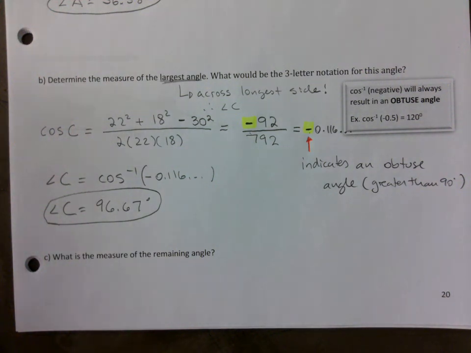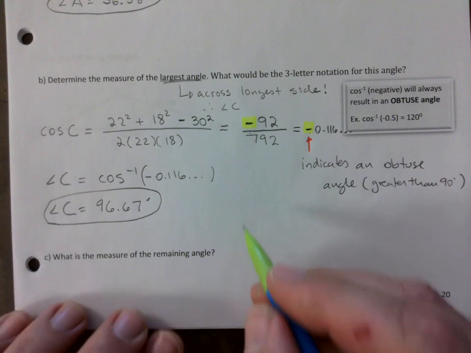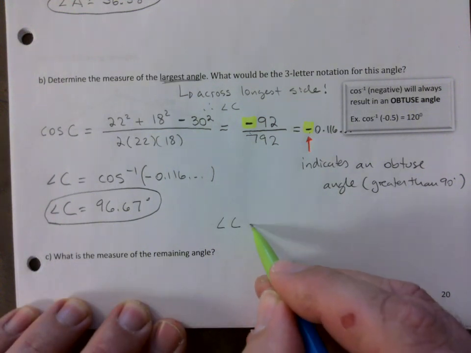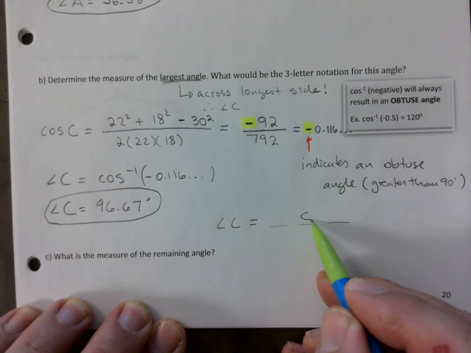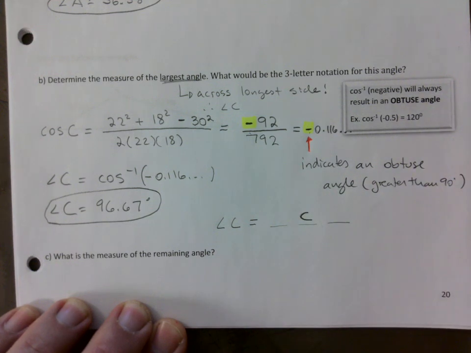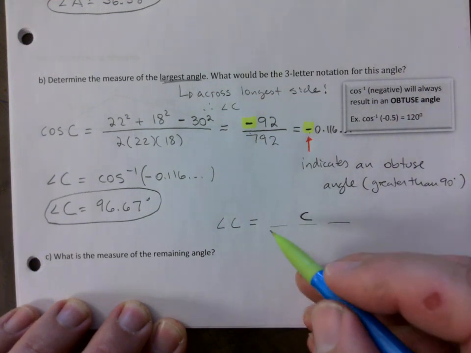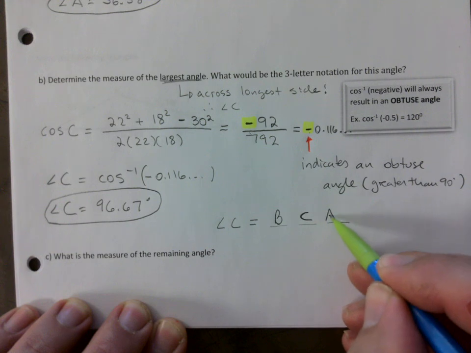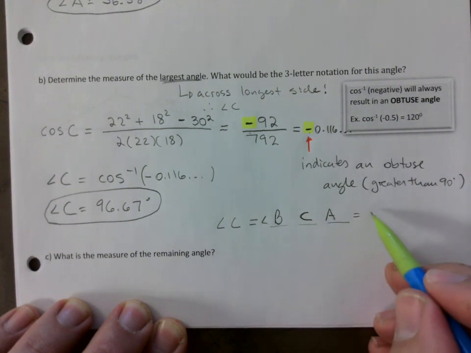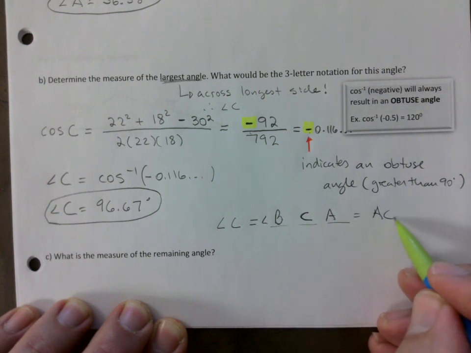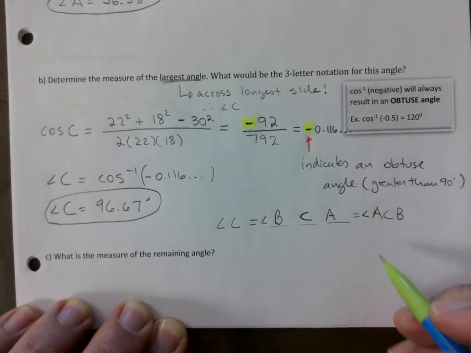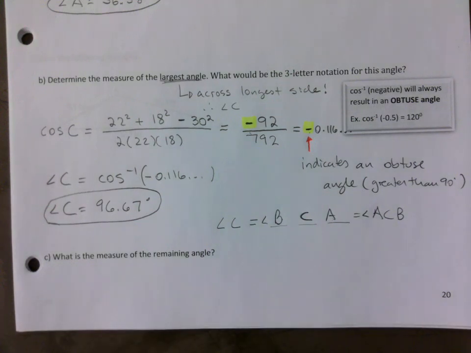What's the three-letter notation? I never did that. Angle C, you need to make sure C is in the middle. Go up to the triangle, so it's BCA. Angle BCA, or you can just read this backwards, ACB. They all mean the same thing.